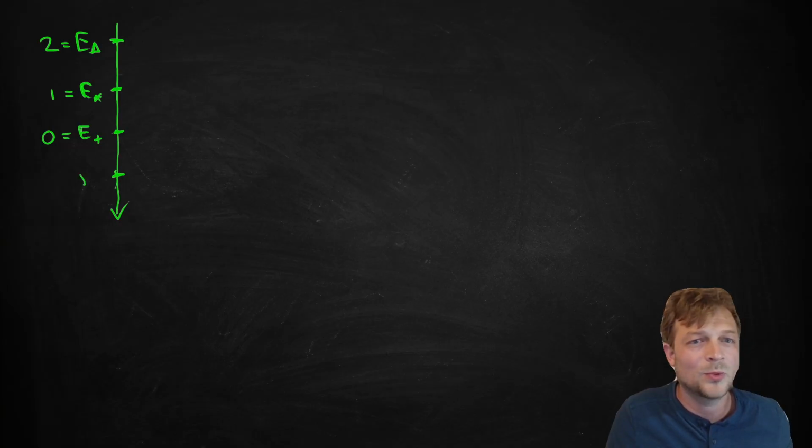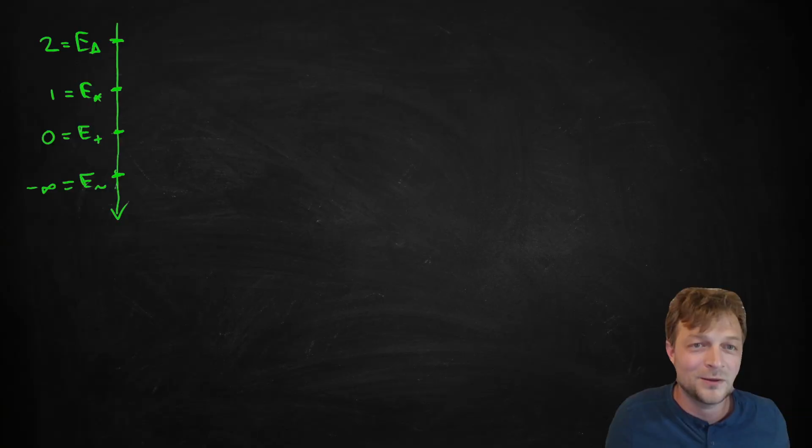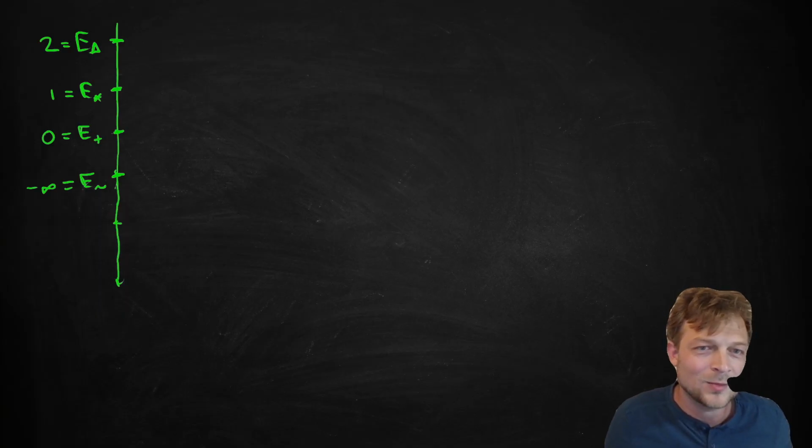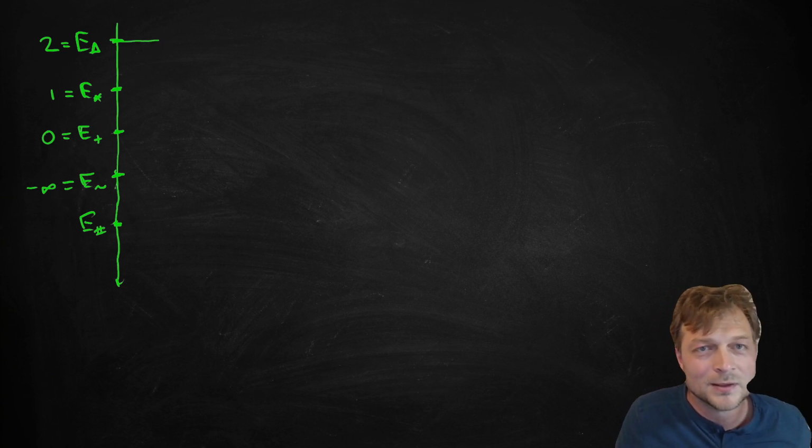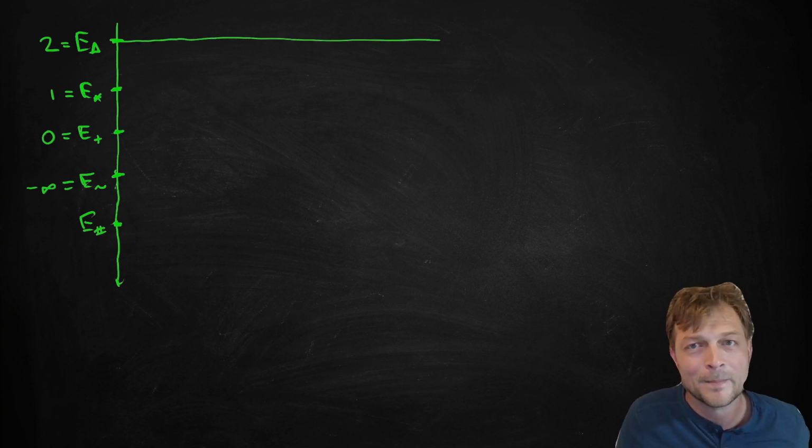Here we put E tilde, which in classics is minus infinity. And notice minus infinity is not somewhere down below, it's just here on one of the ticks. And below here we'll have E sharp, etc. So for all of these levels, let me draw this picture.